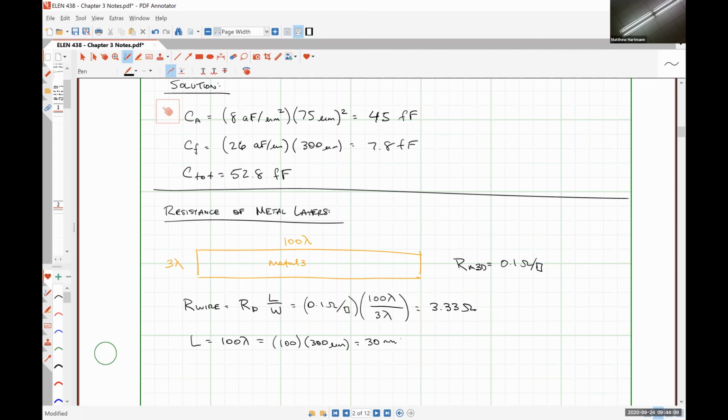So the resistance of the metal layers that we see in CMOS processes is actually significantly higher than what we would see if we were looking at the resistance of 30 AWG or 22 wire, which is what we use a lot to build circuits in the classes here at Louisiana Tech.